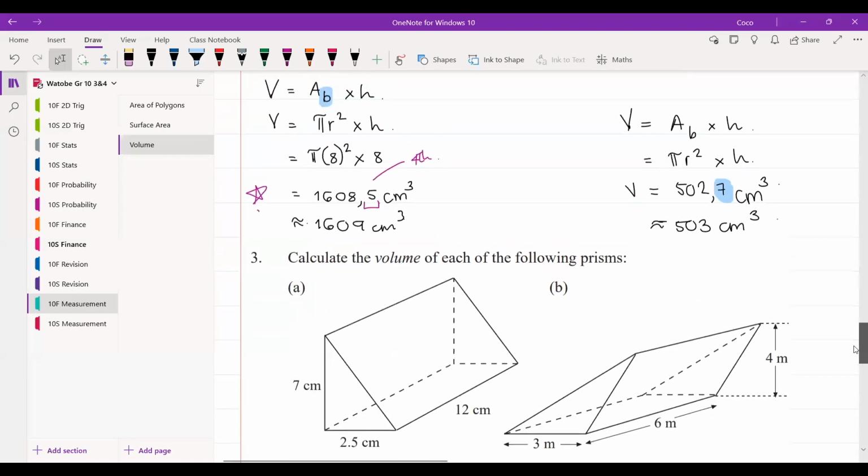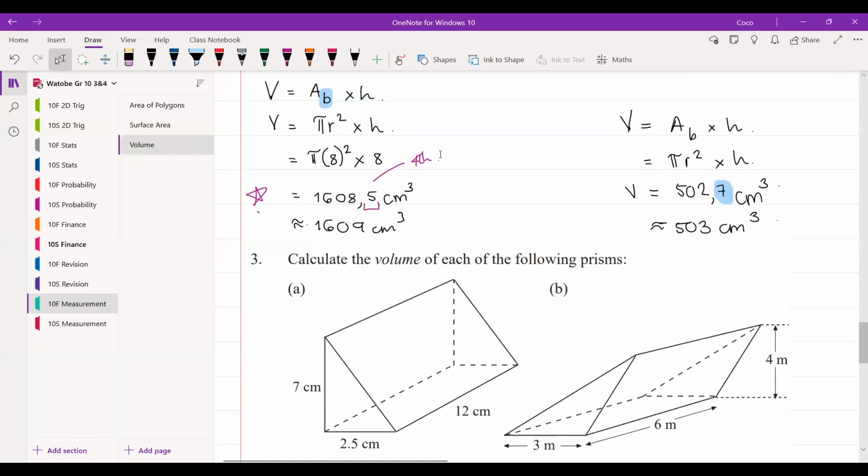Deepa's like, wait, please explain again. Okay. So, Deepa, when they say significant figures, we are looking for numbers that would still give us the answer that we want in the case of the questions that we've got here.